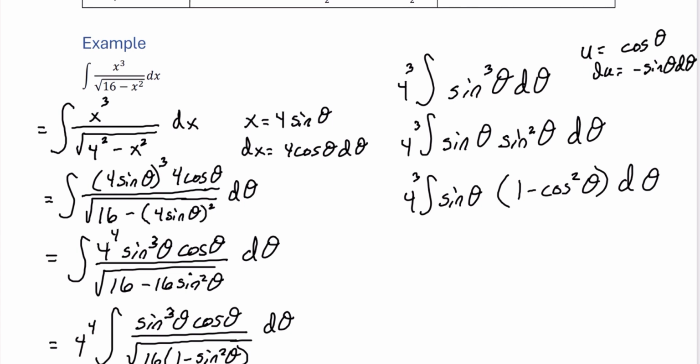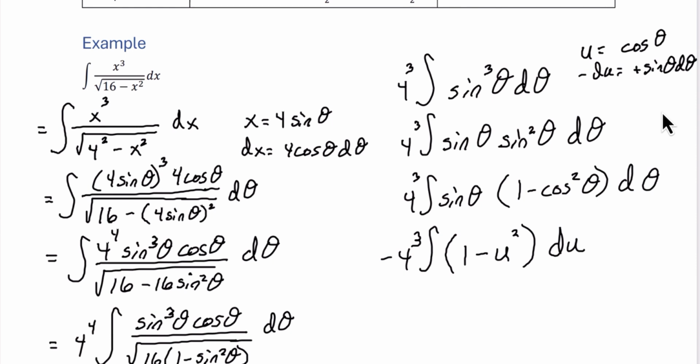Notice that negative sign does not occur in the integral, so we'll just divide by negative 1, making that negative du and positive sine theta. We now have 4 cubed integral of, now making our substitution, 1 minus u squared du, and we'll make the constant a negative.